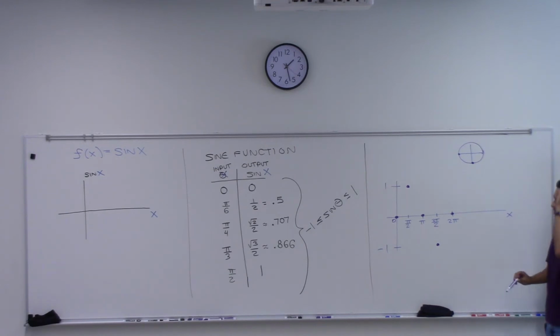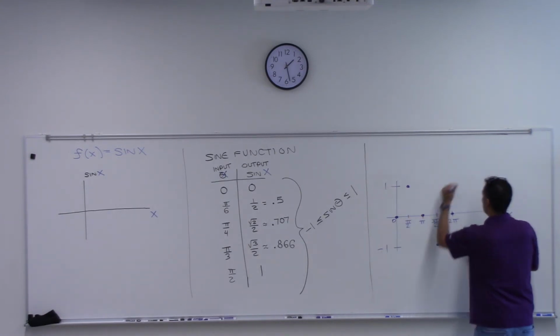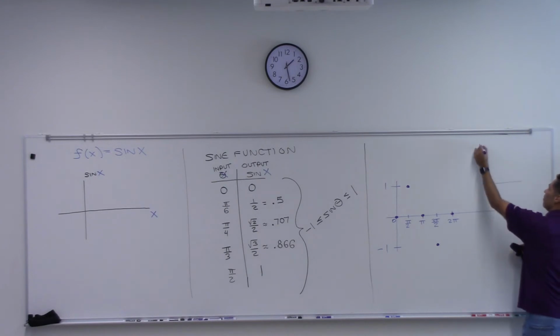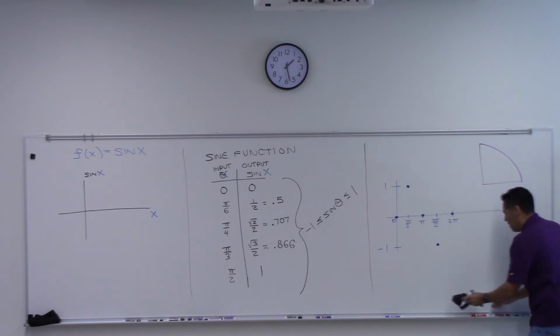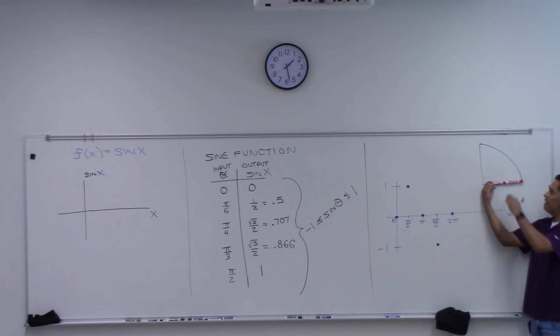So let's see if you can wrap your head around this. I think you can. Let's imagine we're just going to look between 0 and pi over 2. Right here. Think about what happens to the y coordinate. We're talking about sine, right? Think about what happens to the y coordinate as I start rotating from 0 degrees to pi over 2. Right here, the y coordinate is 0.